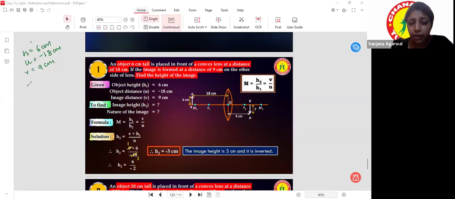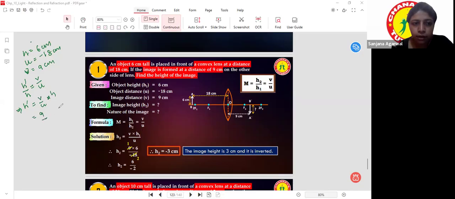I don't think we need to use the lens formula here because we have h, v and u. We have h also. We just need h dash, that is the height of the image. So magnification equals h dash by h equals v by u. Substituting the values, we get v by u into h.